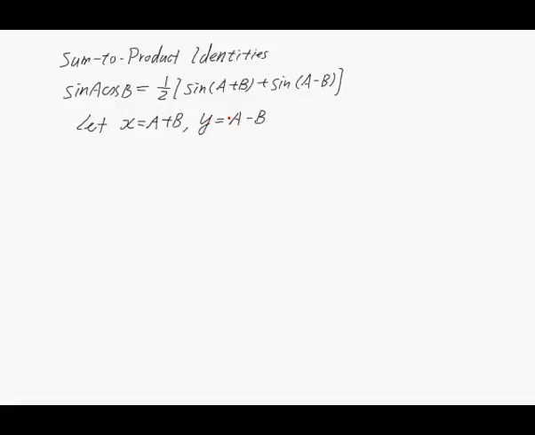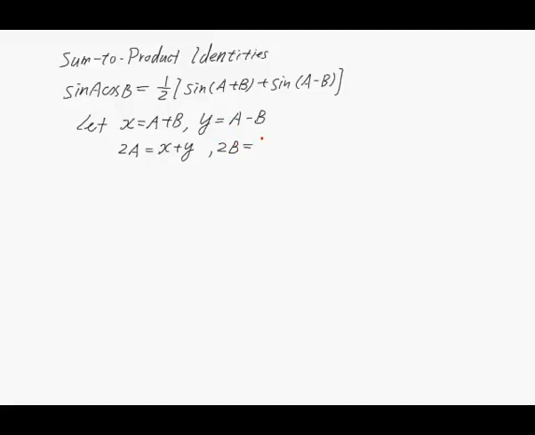This is a simple set of equations. If you add these two equations, you have 2a equal to x plus y, right? You add these two equations, a plus a is 2a, b minus b is 0. And if you subtract these two equations, a minus a is 0, b minus negative b is 2b, so x minus y equals 2b.